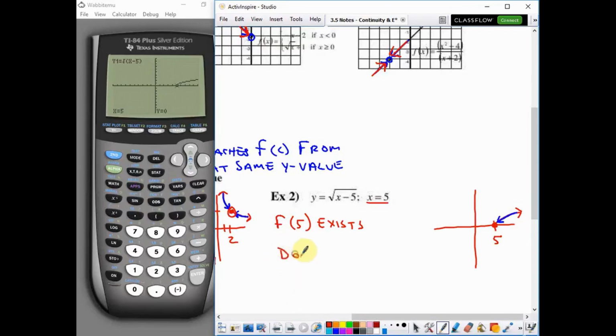So it does not approach f of 5 from the left side.